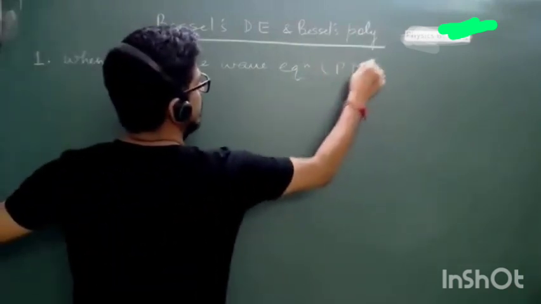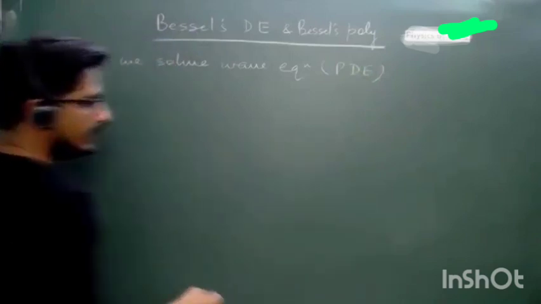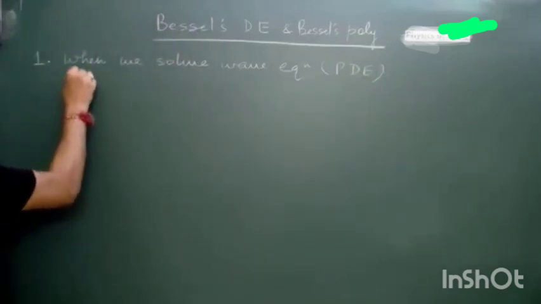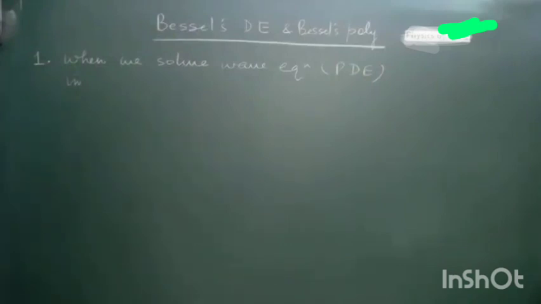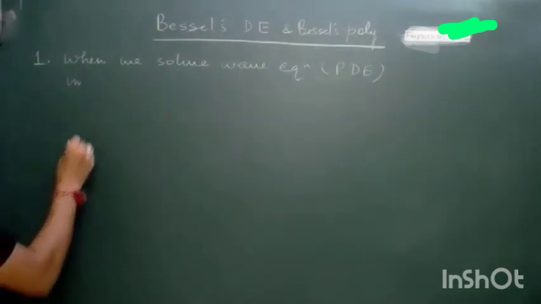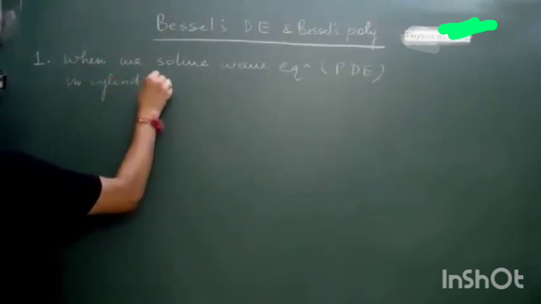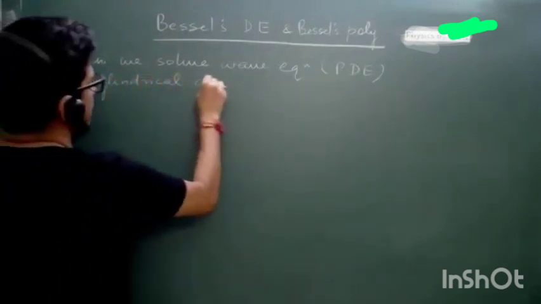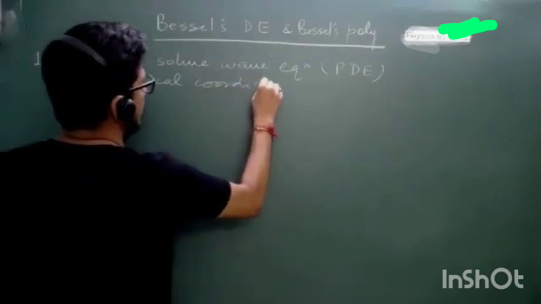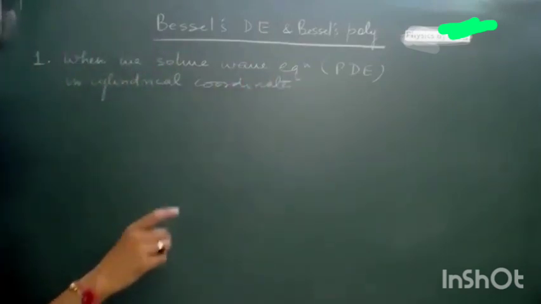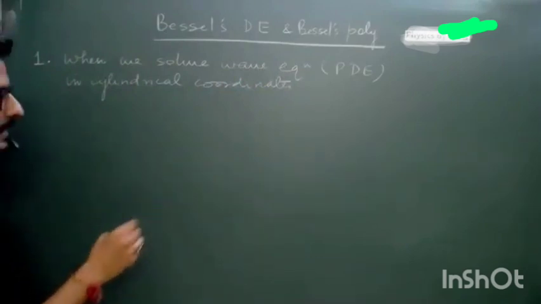It is a partial differential equation. So when we solve wave equation, we solved in Cartesian, but suppose we have solved in cylindrical coordinates.